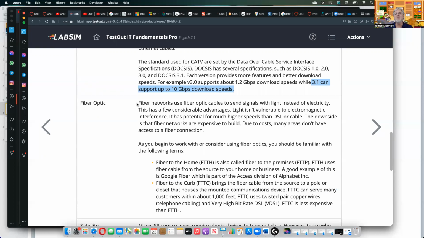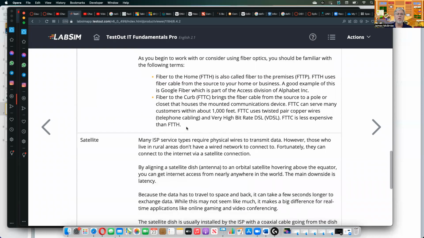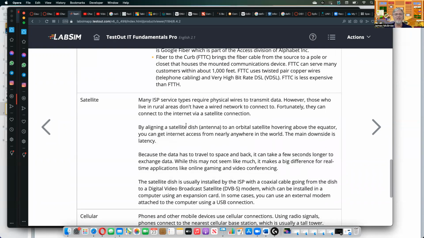However, that doesn't mean it is the fastest. It depends on your service provider and what they're offering you. Remember, this is copper here, and we can go 1.2 gigabits on that download, and most people aren't even touching that yet. Someday. So anyway, different fiber optics abilities, but definitely overall the fastest.